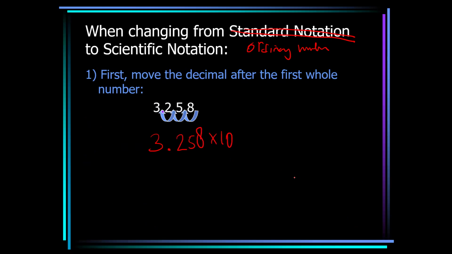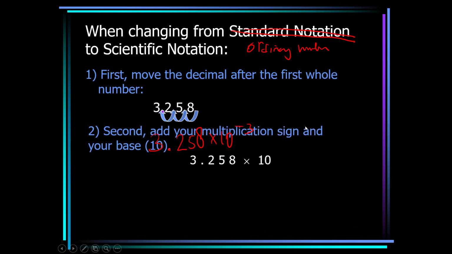Times 10 power? 3 steps, right? And go left. Negative 3, that's right. Be careful, no problem. If you make the mistake at the first learning, it's very, very acceptable, but don't make the same mistake on exam and worksheet. Okay, 10 power negative 3.